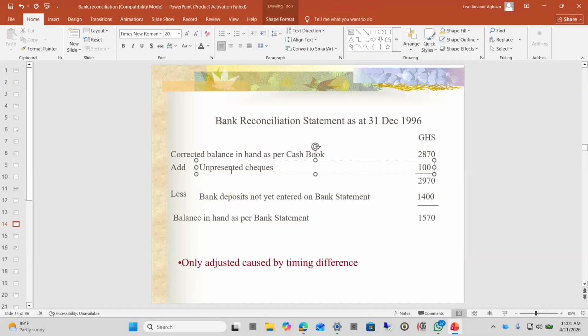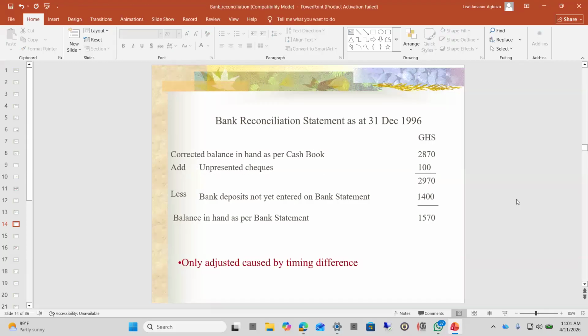It's what we call unpresented checks. So it's only these two things that are supposed to appear on the bank reconciliation: unpresented and uncredited. They are the things that happen as a result of time differences. But the rest could be adjusted in your cash book, if you were asked to prepare an adjusted cash book and the bank reconciliation.